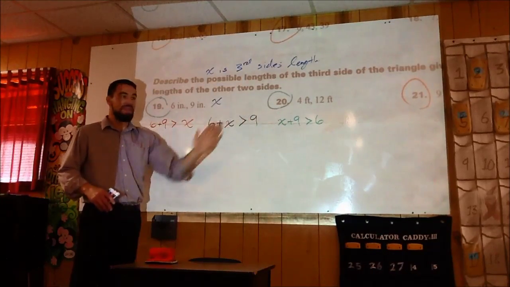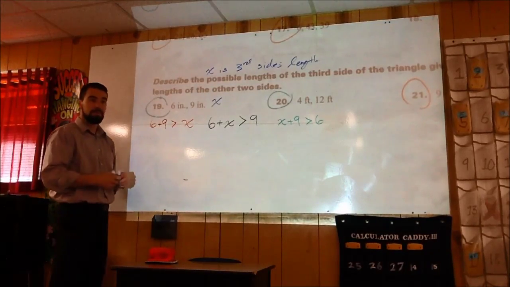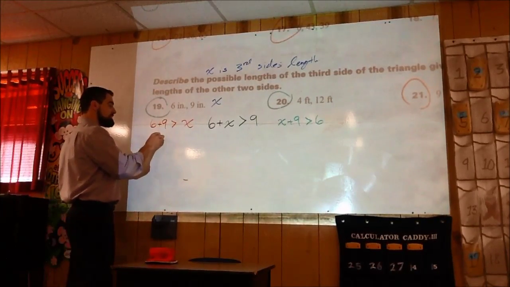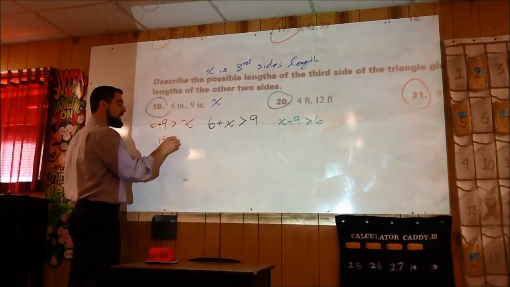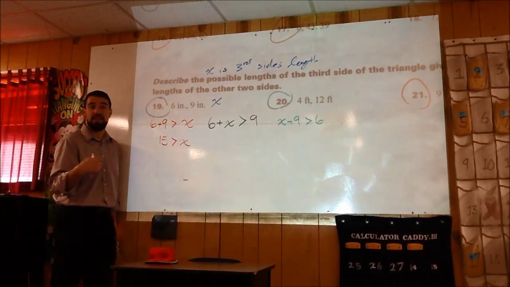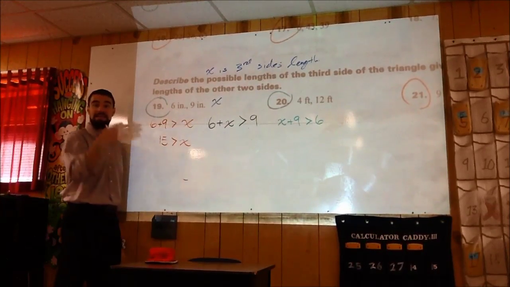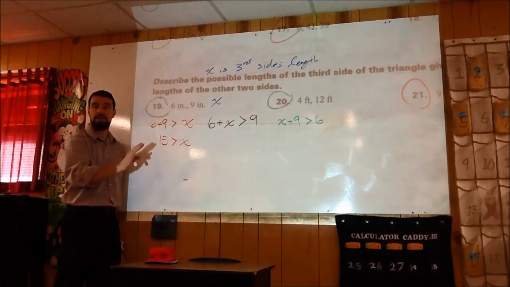So here's my 3 things that must pass. We need to solve these. What is 6 plus 9? 15. Okay. So 15 is greater than x. I want x to be on the left-hand side of this inequality so that when we read it, it says x is less than or greater than, just something.